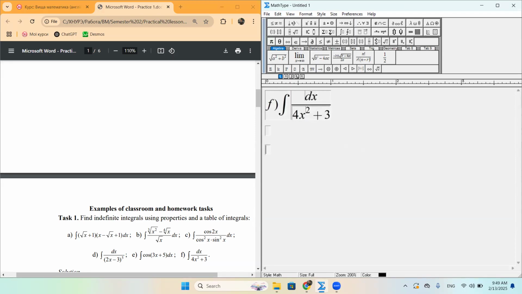So which integral do we have to receive? How to calculate it? We know such a table integral: dx divided by x in power of 2 plus a in power of 2, and it equals 1 divided by a, arctangent of x divided by a, plus c.